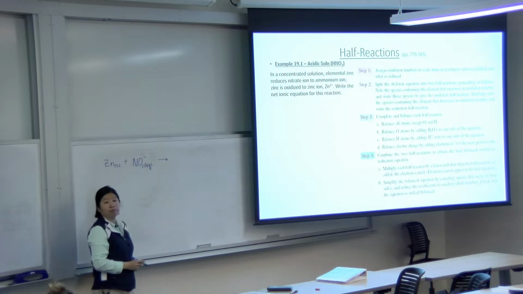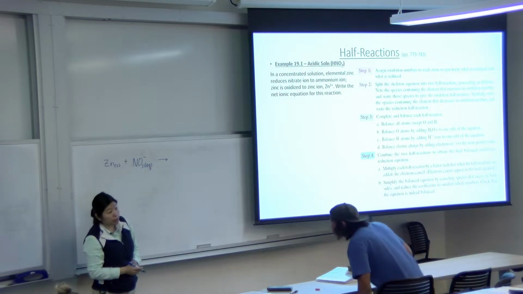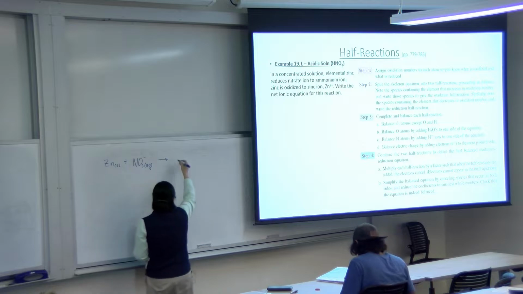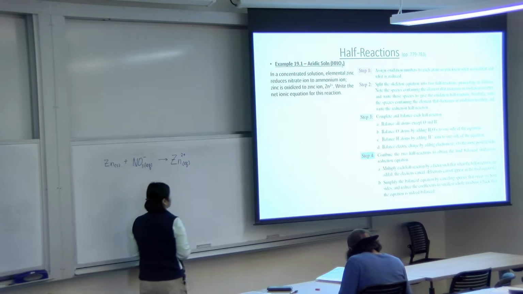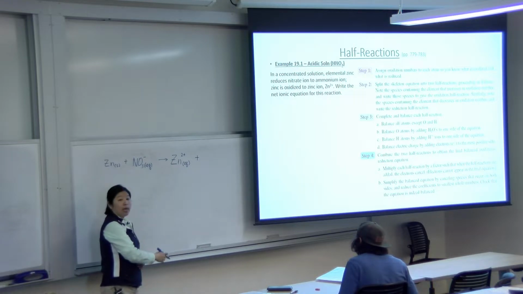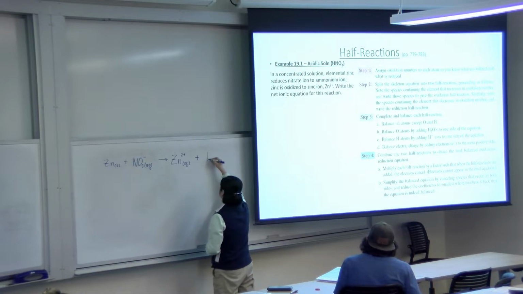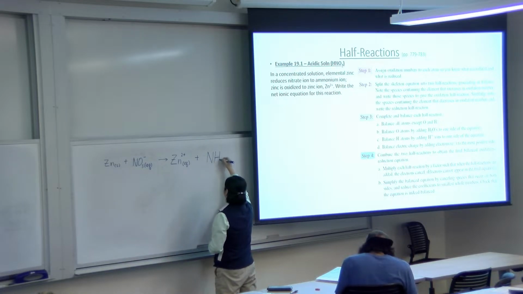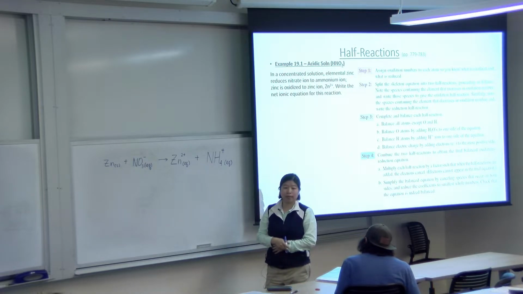What does zinc become? Yes, Xavier? Zinc 2 plus. Very good. And again, because it is an ion, it should also be aqueous. Okay? And what does nitrate form? Ammonium. What's ammonium? NH4 plus. And again, because it is a cation, it should be aqueous. Okay? Good?